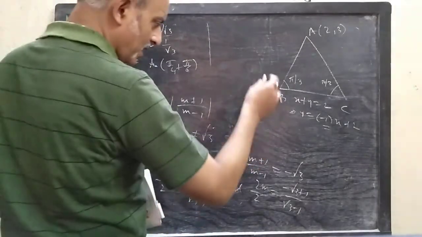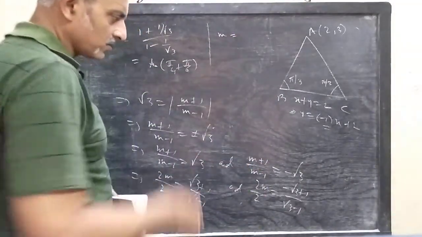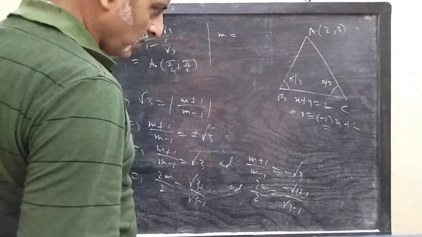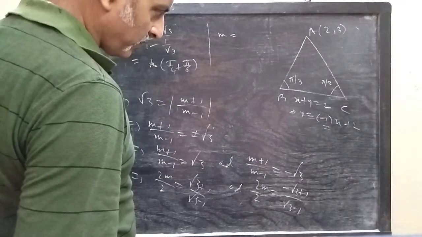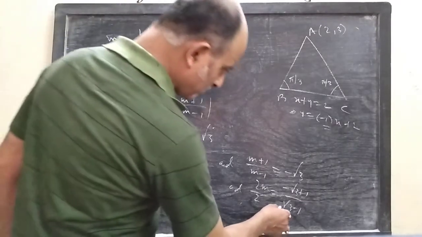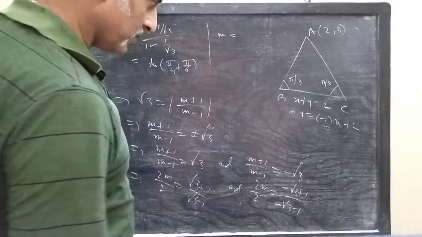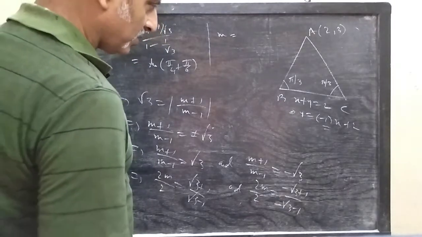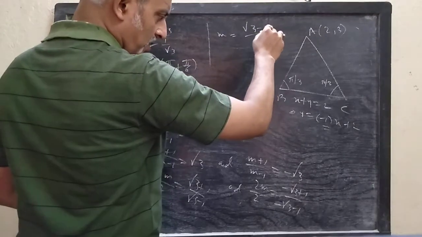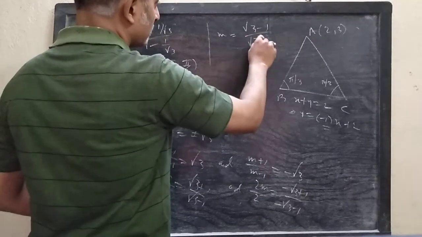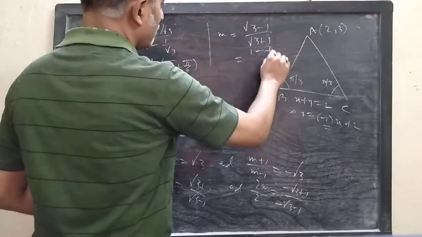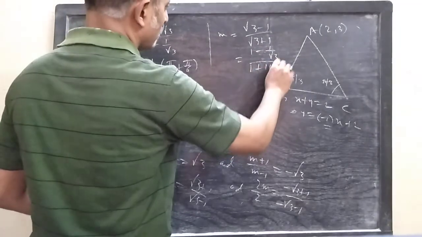For the other part we have m equals minus of (minus root 3 plus 1) by (root 3 plus 1), this is (root 3 minus 1) by (root 3 plus 1). If we divide both numerator and denominator by root 3, we get (1 minus 1 by root 3) by (1 plus 1 by root 3).